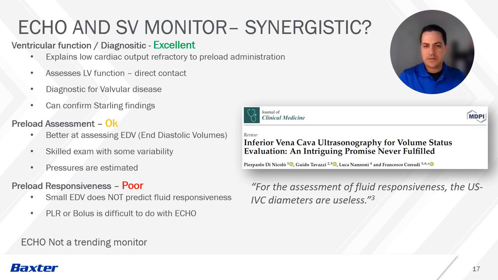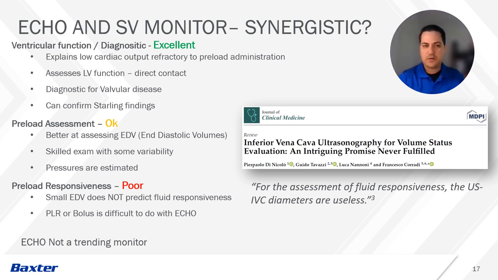There was a paper put out this year with a bold statement that for the assessment of fluid responsiveness, in and of itself, IVC diameters are pretty useless. What he's saying is that looking at the wet or dry aspect of the IVC is not helping me determine whether the patient could tolerate more fluids. Yes, I can see if they maybe need some, when their blood pressure is low and urine output is poor.